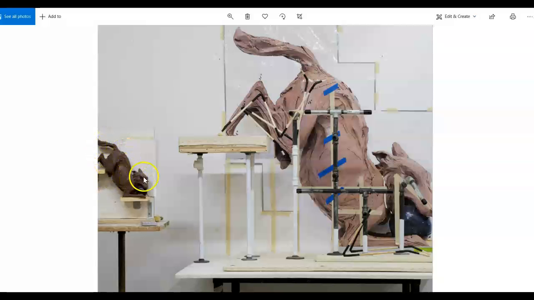So she may make this little one down here. And then she takes a picture of it, creates an image of it in the scale that she wants, grids it out, puts it up on the wall, and then builds these armatures, right? The armature is the inside structure. I think we talked about that a little bit before.